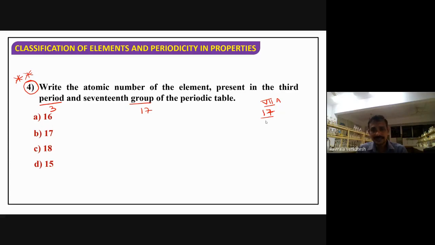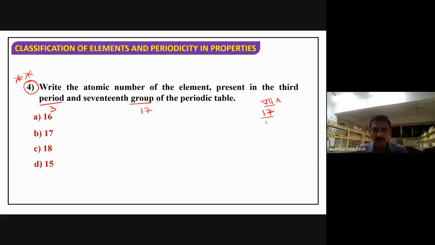Is there any element in the first period of the 7A group, or the 17th group?